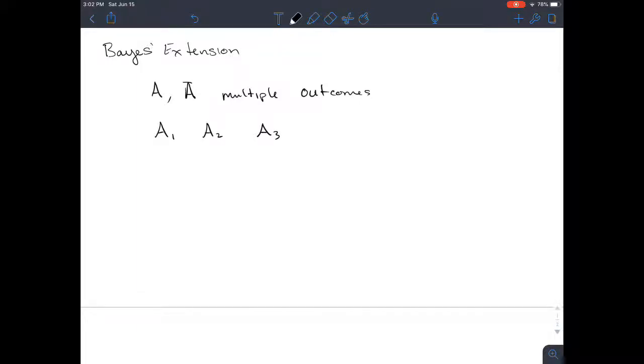What if these were 3 events that could each happen, and I wanted to know the probability that A1 occurred given some other event B happened? If we try to use the original Bayes' theorem, we're going to be a little bit off. So what we can do is just have an extension, and that extension applies to the bottom.